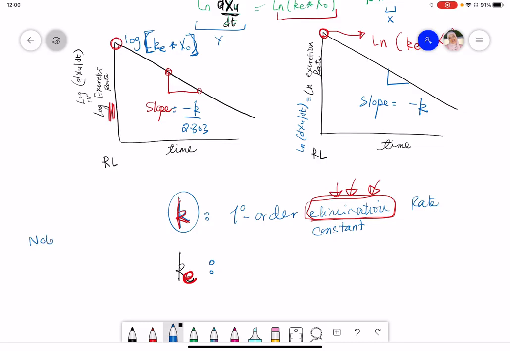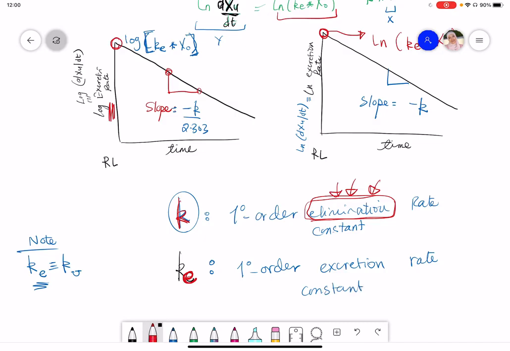But let's keep it as a note here. Some references use ke, and other references use ku, which again in our case is the first order excretion rate constant. Keep in mind this is excretion.